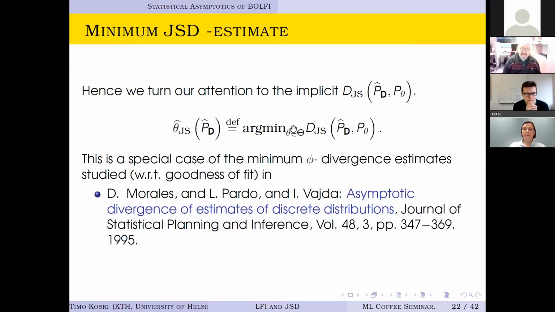Now this is a special case of what's known as minimum divergence estimates. There's a rather nice paper about it by Morales, Pardo, and Vajda that studies the asymptotics of general minimum divergence estimates that also include the Jensen-Shannon divergence. However, their analysis is for explicit modeling. In addition, they are interested in goodness of fit; they try to get limiting distributions of chi-squared type.